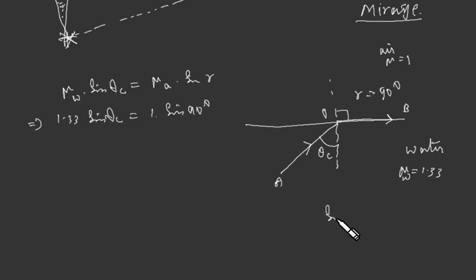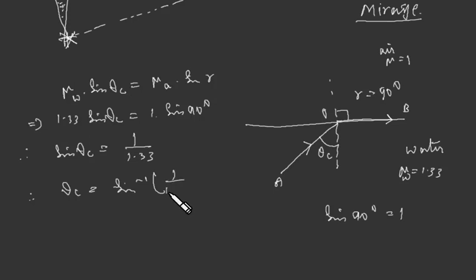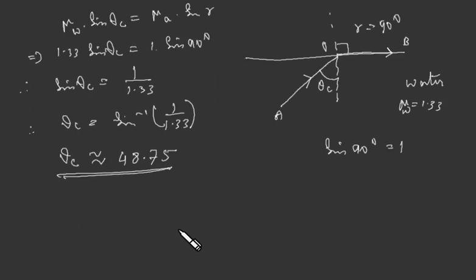Now sine 90 degrees is 1, we know that. Therefore, we can write sine theta c equals 1 divided by 1.33, which gives us theta c equals sine inverse of 1 by 1.33, which is approximately 48.75 degrees. That means the critical angle for water is 48.75 degrees.